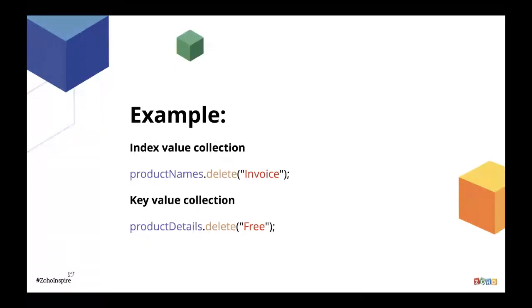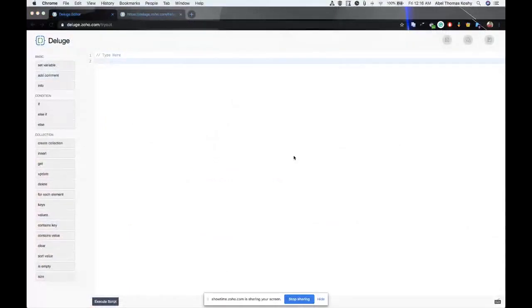So now that we've checked out how the different functions work, let's try out a demo where I show you all the things that we've learned so far. A good place to start would be to make use of the Deluge editor. You can access the Deluge editor using the web browser, accessing deluge.zoho.com/tryout.